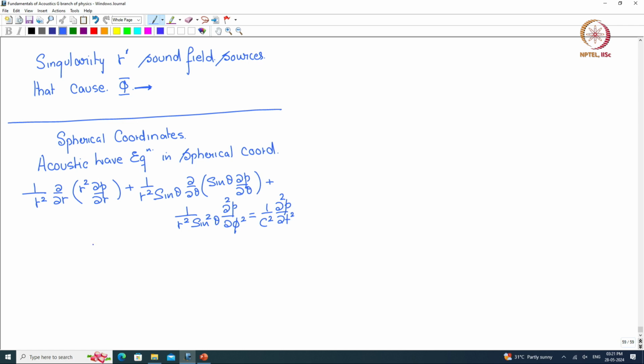Okay, so let's give this a coordinate system. So this is my x, this is my y, this is my z. We will measure theta from the vertical. So this is theta, the polar angle.